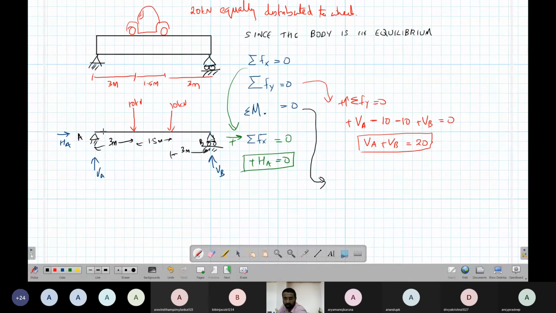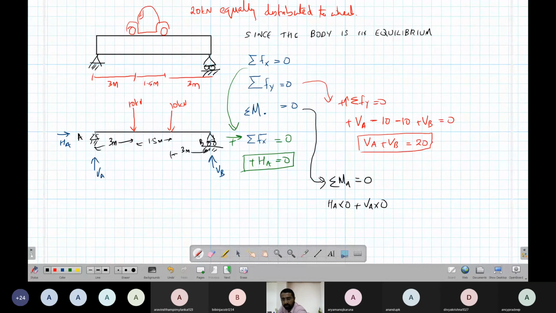So I'll take summation of moments about A equal to 0. It doesn't matter which point. So HA into 0 plus VA times 0. HA has distance 0, so it doesn't matter.